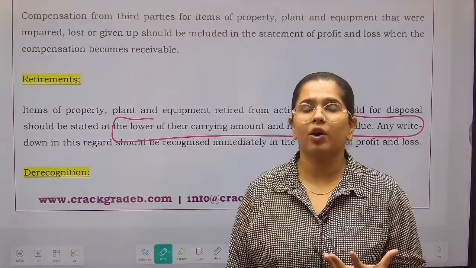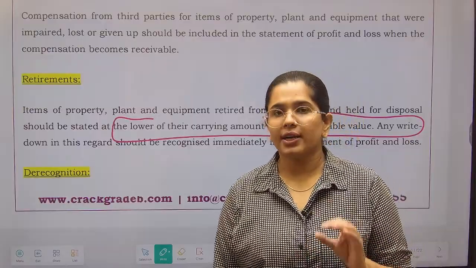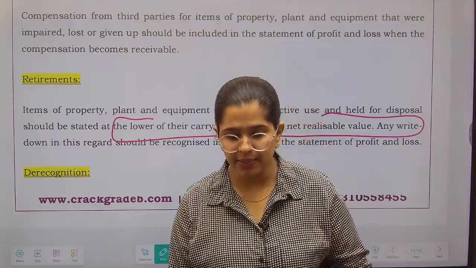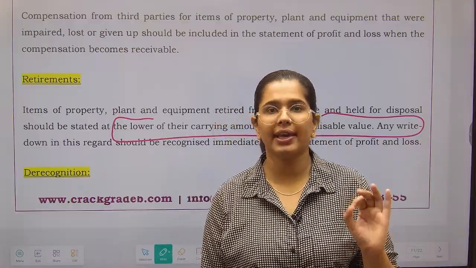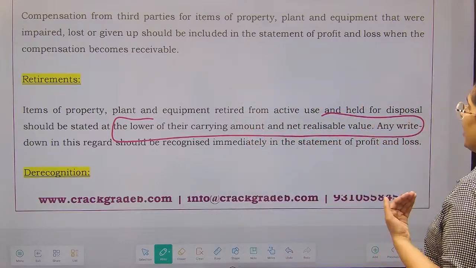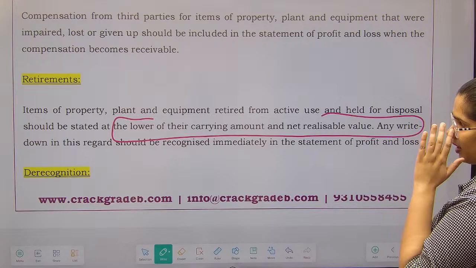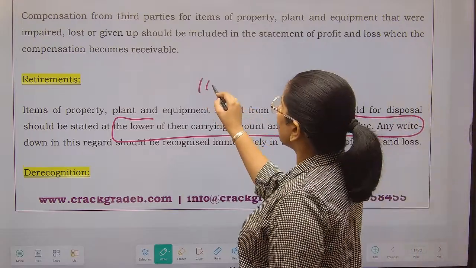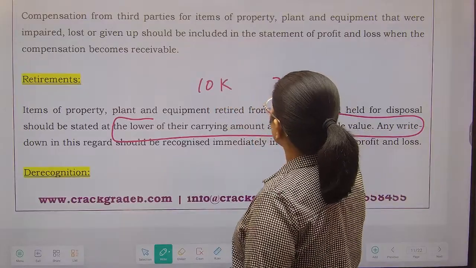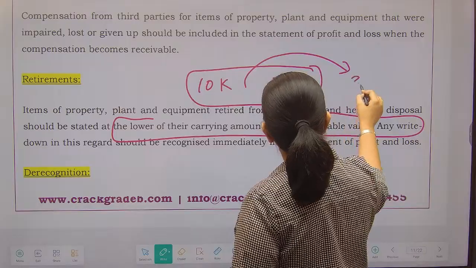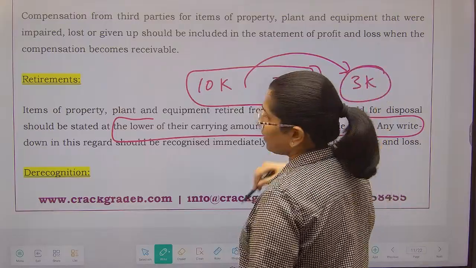Carrying amount का मतलब क्या होता है? Book value, right? What is the value of machinery in your books? आप किस वैल्यू पे मशीनरी को कैरी कर रहे हैं, लेस योर नेट रियलाइजेबल वैल्यू. एंड एनी राइट डाउन शुड बी रिकॉग्नाइज्ड इमीडिएटली, क्योंकि अगर मान लीजिए बुक वैल्यू इज 10,000 एंड मार्केट वैल्यू इज 7,000, सो व्हाट एवर इज द डिफरेंस, जो भी डिफरेंस है 3K का, वो आपका सीधा P&L में जाएगा.